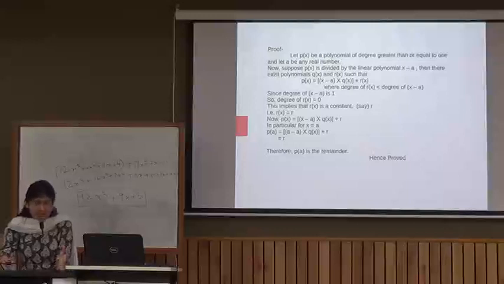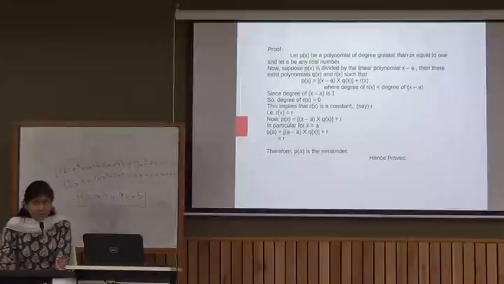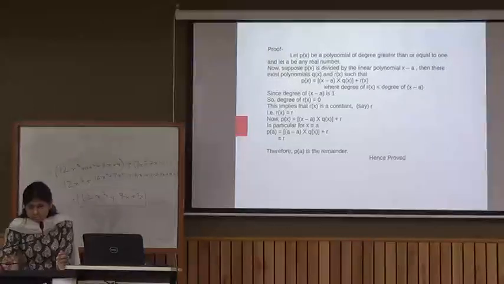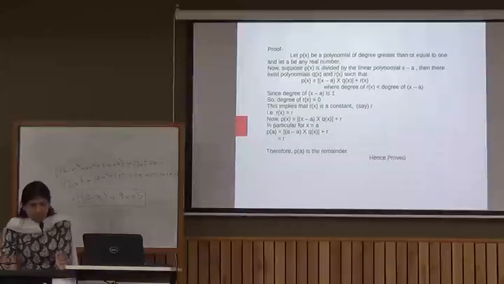Then again there must exist two polynomials q(x) and r(x) such that we can write p(x) is equal to x minus a into q(x) plus r(x), where degree of r(x) must be less than degree of the divisor, that is x minus a. Now since degree of x minus a is 1, so degree of r(x) is equal to 0 here. This implies that r(x) must be a constant, and let us denote it by small letter r.